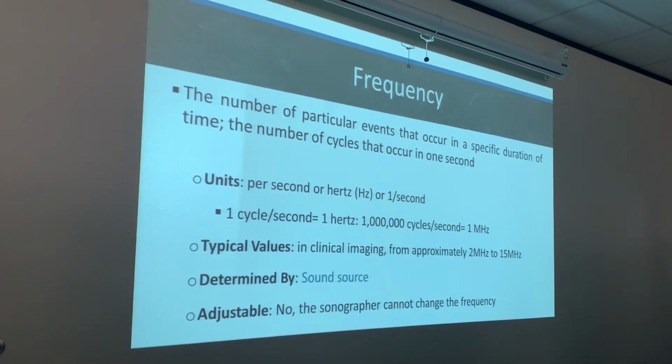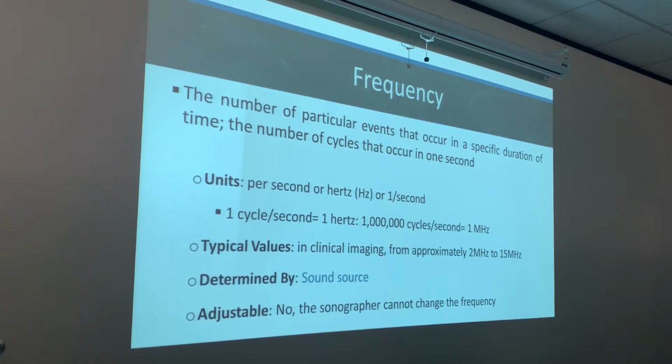All right, so the frequency is the number of particular events that occur in a specific duration of time, or in ultrasound, frequency for us is the number of cycles per second. Its units are going to be per second, or it's going to be in hertz. So 1 cycle per second will equal 1 hertz.